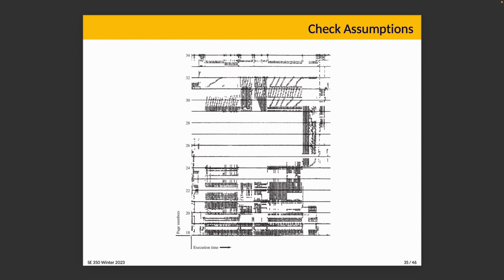This is a rather ancient paper, but it is nevertheless still valid. It shows the locality of memory accesses, and there are page numbers, and each little dot represents a hit where we referenced something, a read or write, in those pages. Okay, what's our takeaway from this graph? Is temporal locality real? Is spatial locality real?